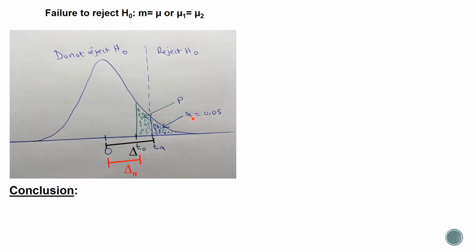Now look at our observed difference. The observed difference is the difference between the zero point, where there's no difference between the sample and the population, and wherever our test statistic, or observed statistical value, is. So that's between 0 and this.